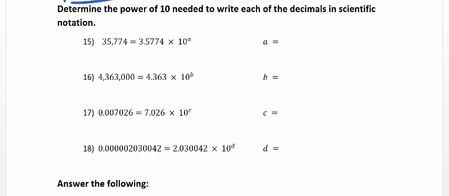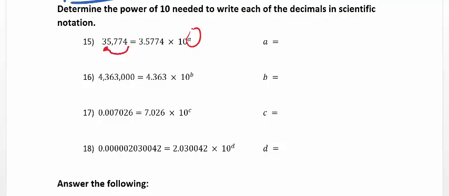Now here we want to determine the power of 10 needed to write each of the decimals in scientific notation. So as we can see here, the decimal would have been at the end, and it moved between the 3 and the 5. And we need to figure out what this integer a would be to turn it into scientific notation.